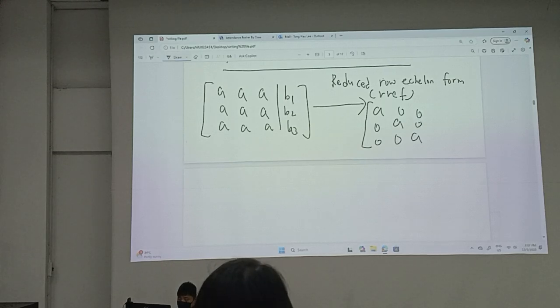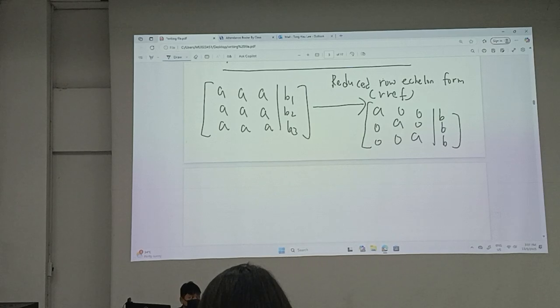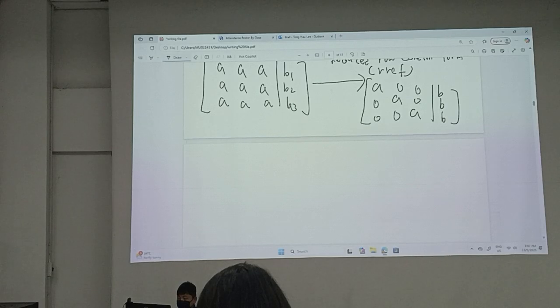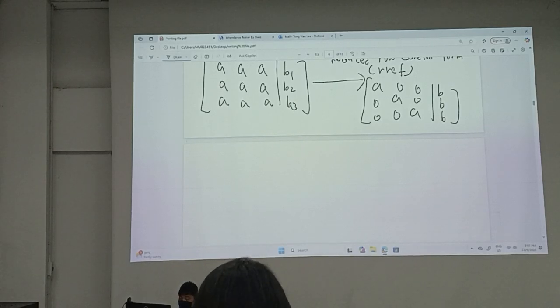So basically, this is a reduced row echelon form. What does it mean?